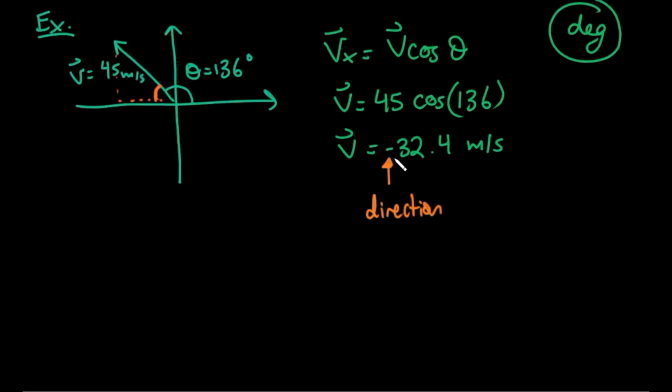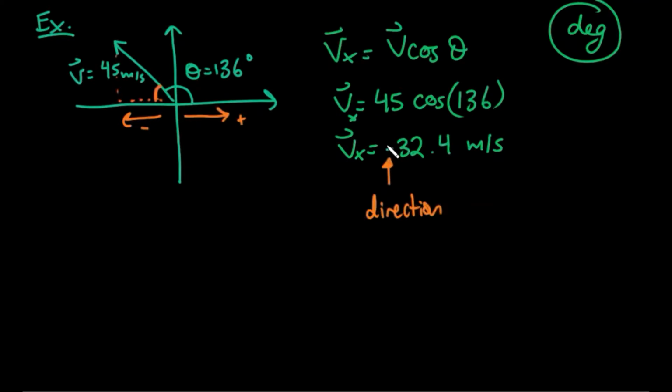The negative tells me that this is going to the left on a Cartesian plane. Because if we remember, this is positive, this is negative, and when we're talking about anything on the horizontal, anything going towards the left will be negative.